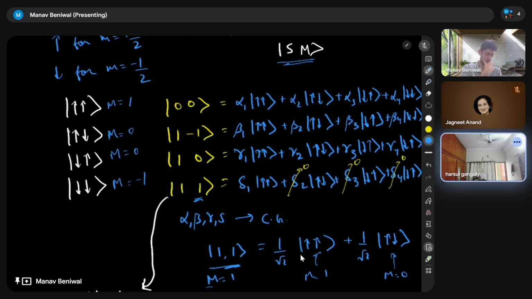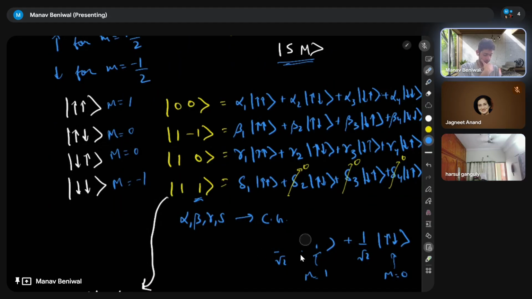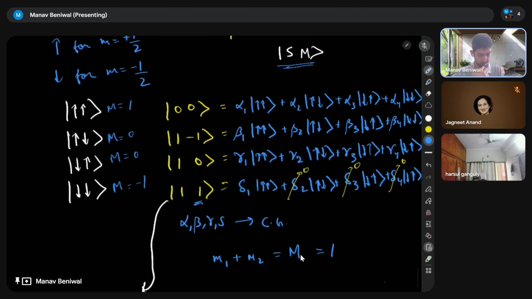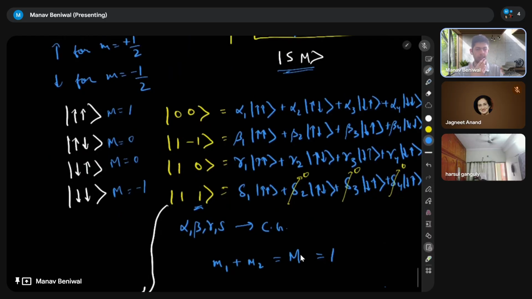Another way to think about it is our selection rule. So what was our selection rule? That m1 plus m2 has to be equal to m. This is our selection rule, and it comes from the same intuition, right? So here our m is 1, and m1 can have either plus half or minus half.